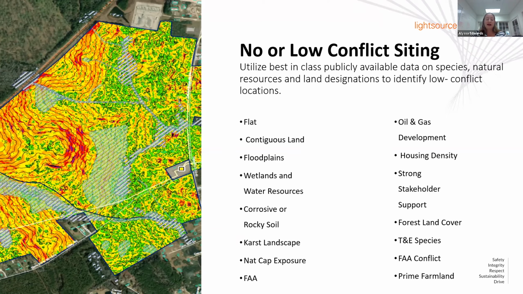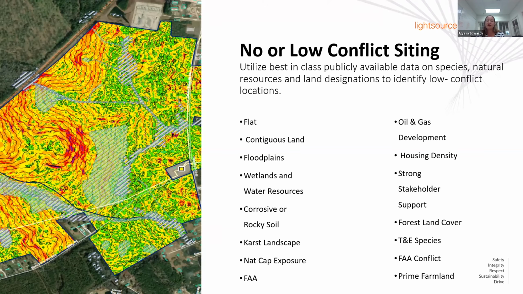Federal Aviation Administration: for large utility size projects, glare is not a deal breaker, but it's something that we need to address to make sure we're not endangering any aircraft. Housing density: best to stay away from areas with high housing density. The land cover is critical.